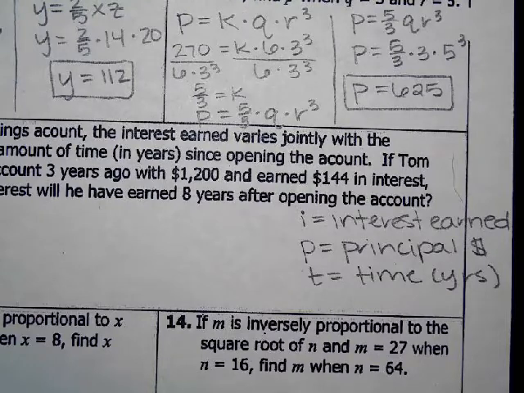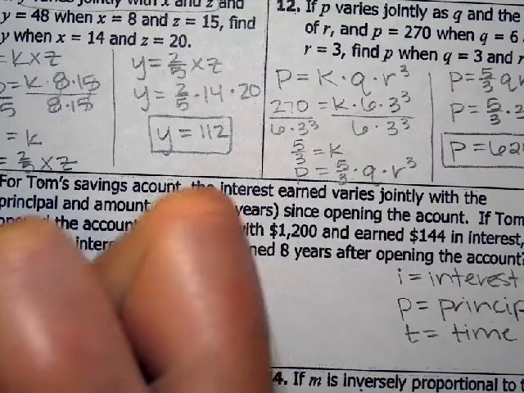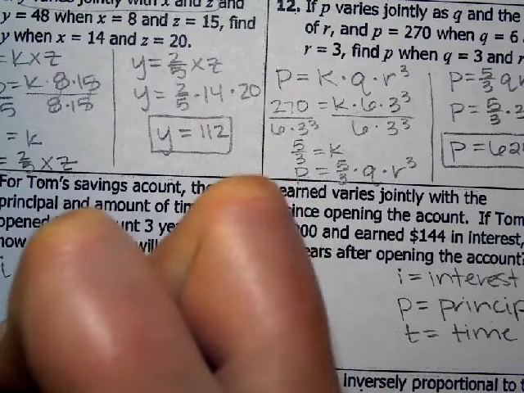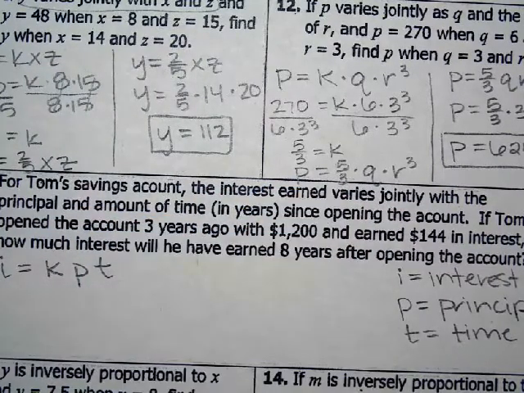So let's go ahead and set this up. It says interest varies jointly with the principal and the time in years since opening the account.